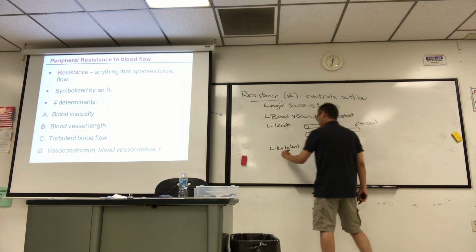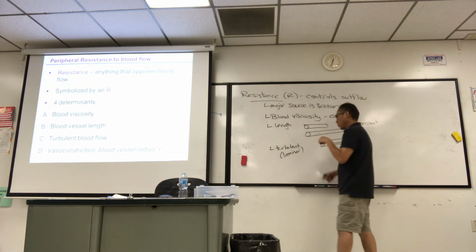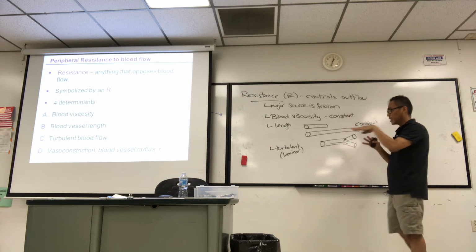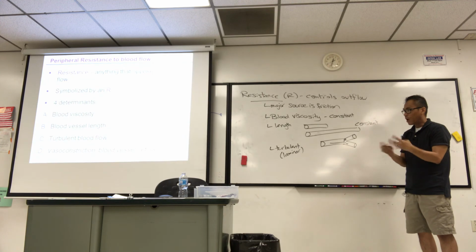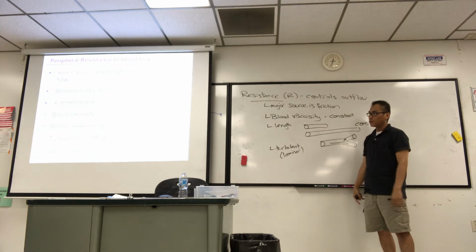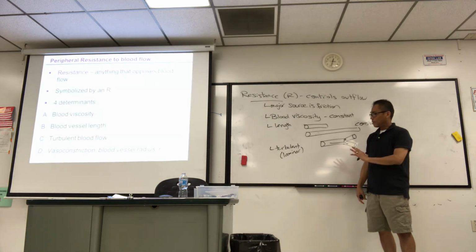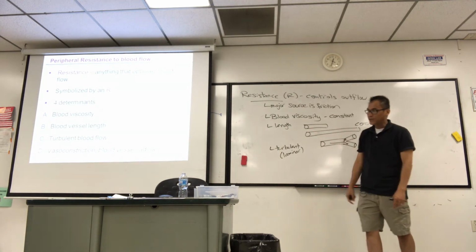Laminar is the blood flowing smoothly in neat, defined layers. The goal is laminar blood flow, but you have turbulence as a source of peripheral resistance. But I don't really talk about this one much either. It's really the last one that's important to understand.